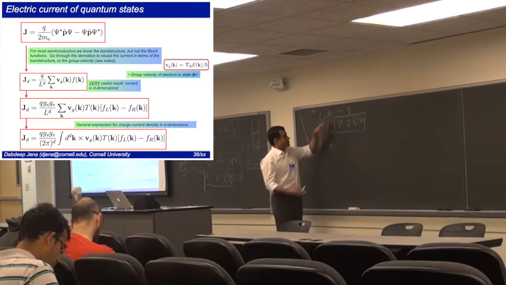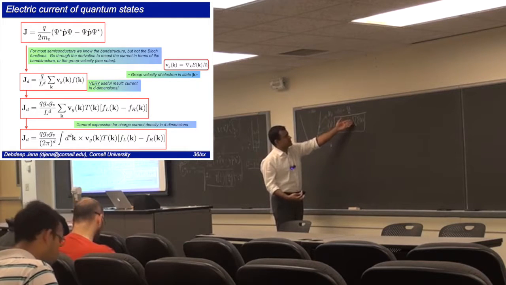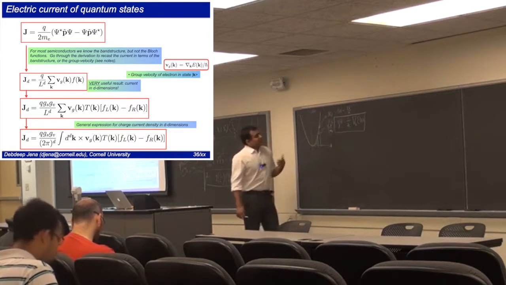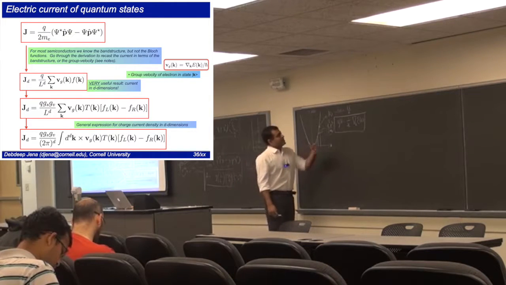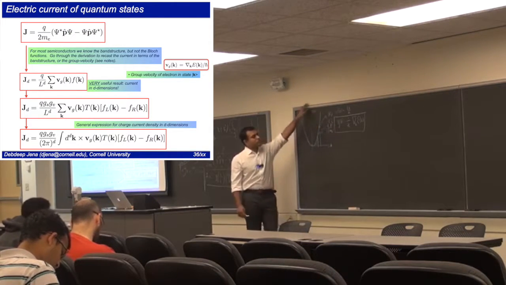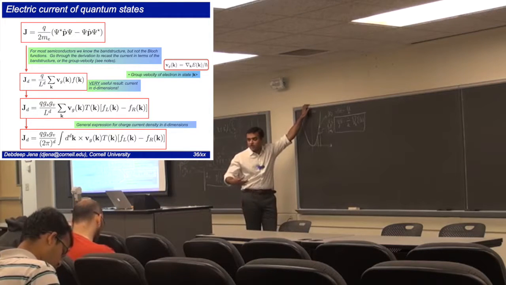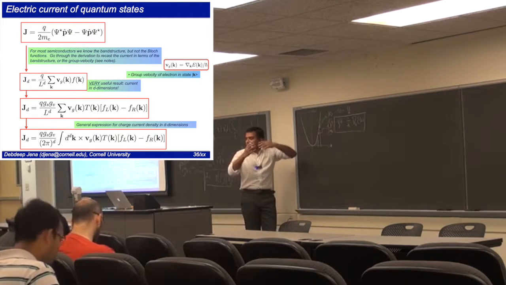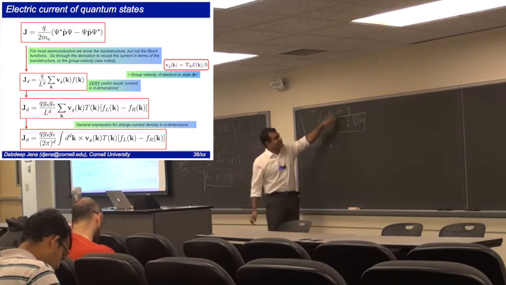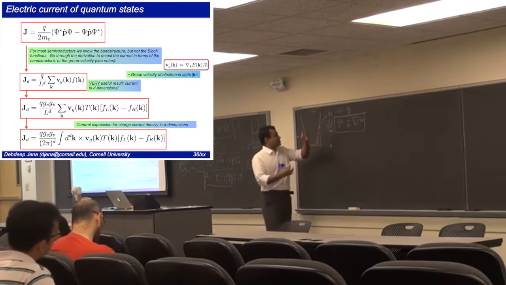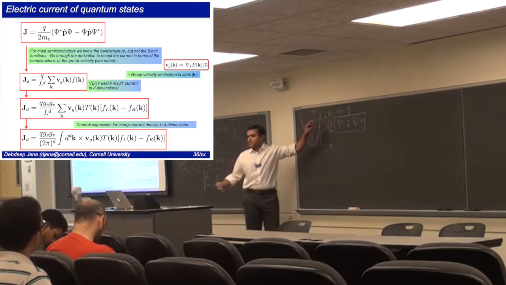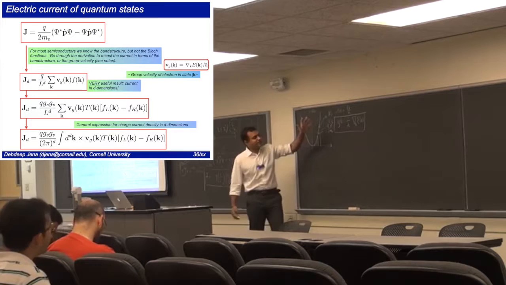It's h bar squared k squared by 2m, and take a k derivative. It's a derivative in k space, a gradient in k space, not in real space. So yeah. And I think the group velocity concept essentially is very similar to the group velocity of light, where you have dispersion, you have many wavelengths mixed up in a mode, and then it's the same thing. It's a similar idea, and it's not a coincidence really, because electrons are being modeled as waves. That's the new thing from classical mechanics anyway, right?